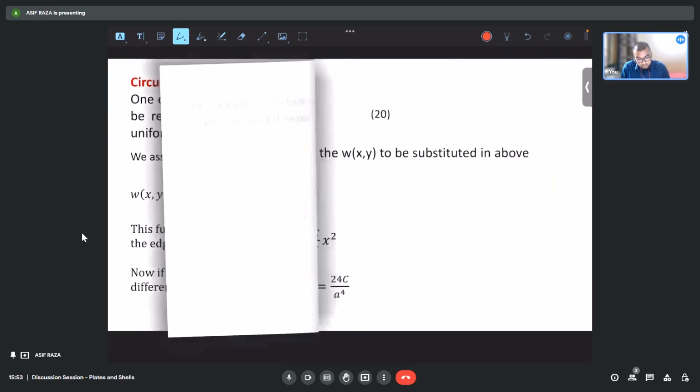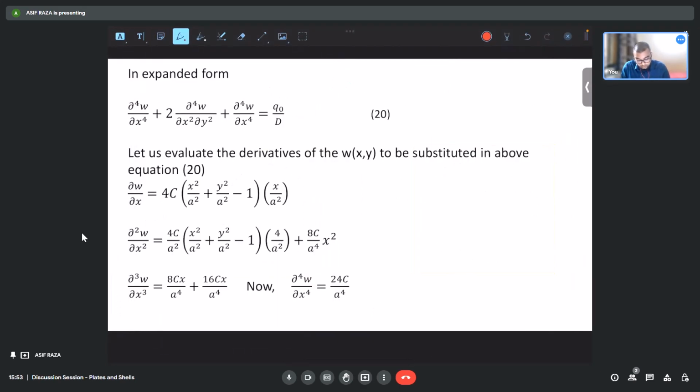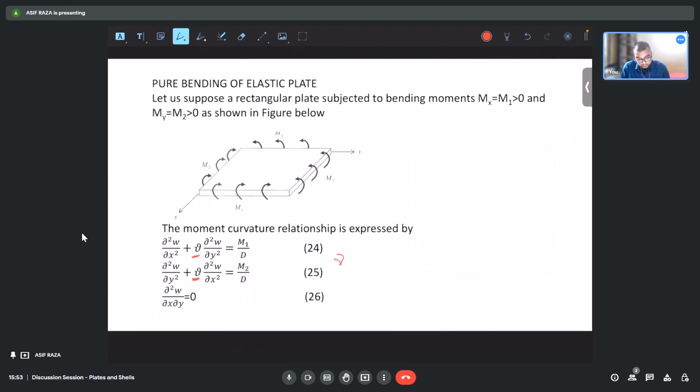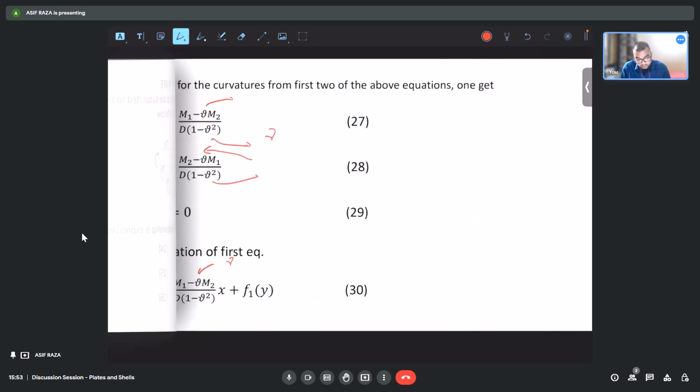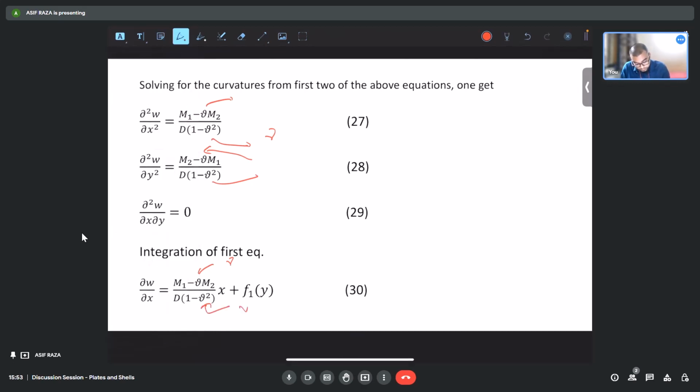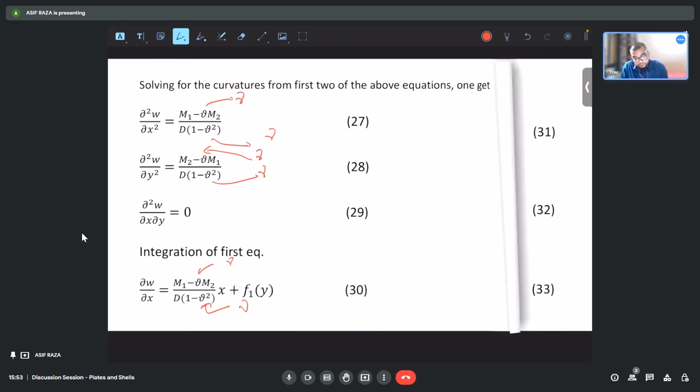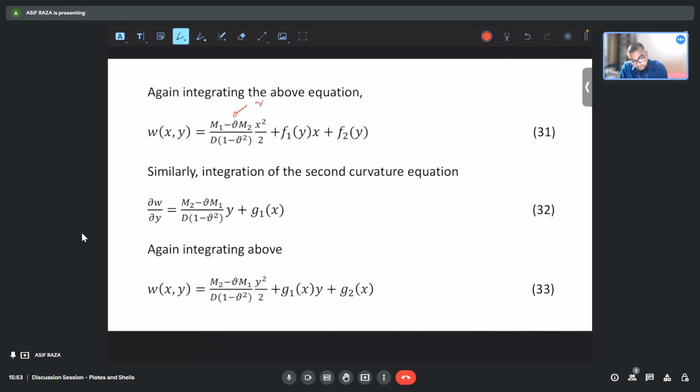Similarly, further we'll find this kind of typos. Equation numbers 24, 25, 27, 28, 29 and 30, please correct this. These are nu. Here also nu.